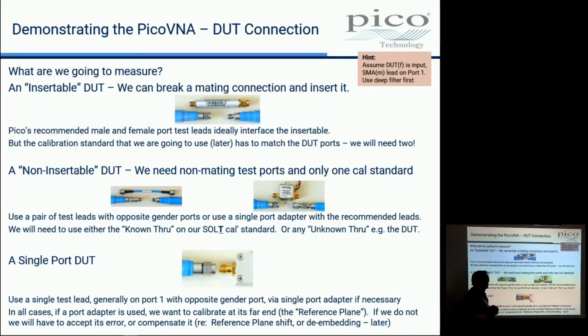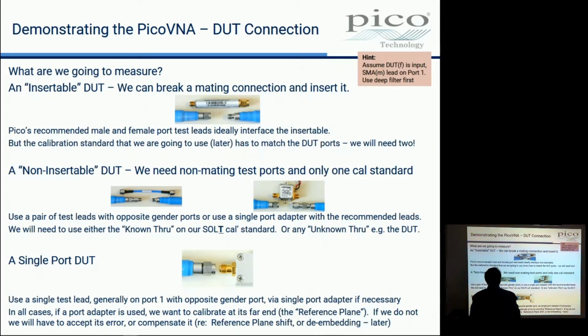and a male connector at the other. And what we mean by insertable is that a cable that was connected can be broken and the device can be inserted directly. In other words, reference plane to reference plane can be connected, broken, and inserted. So that's an insertable DUT.